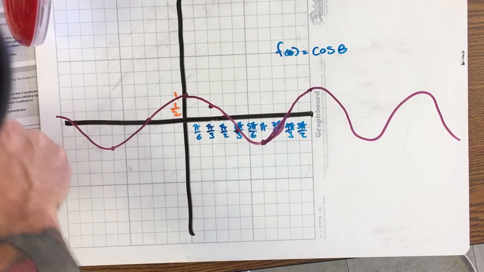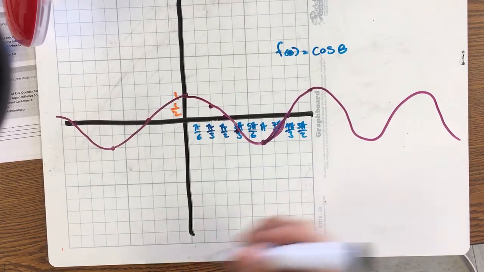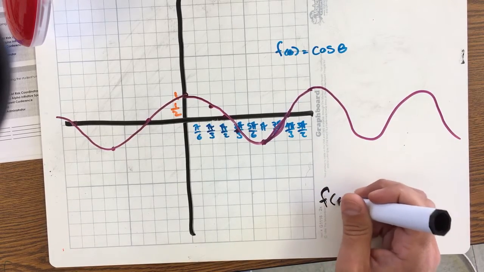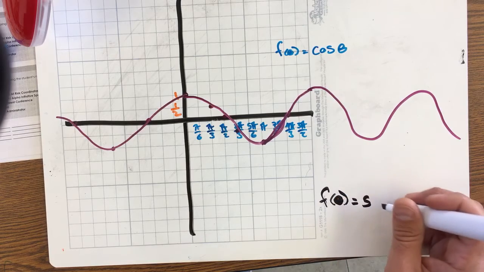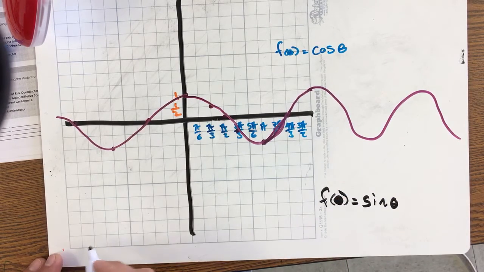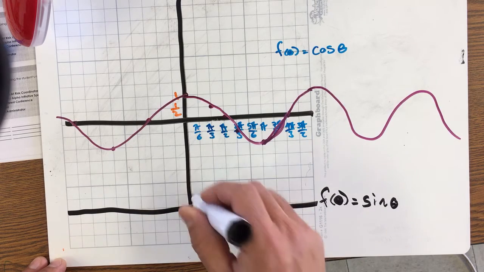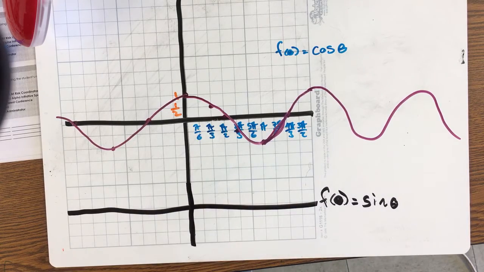I'm also going to do the sine function. So f of theta, I apologize, equals the sine of theta, okay? I'm going to do that right here so that I don't have to redraw my thetas.